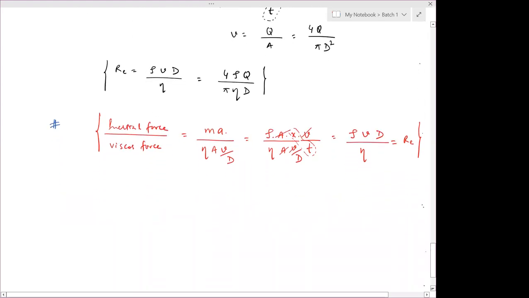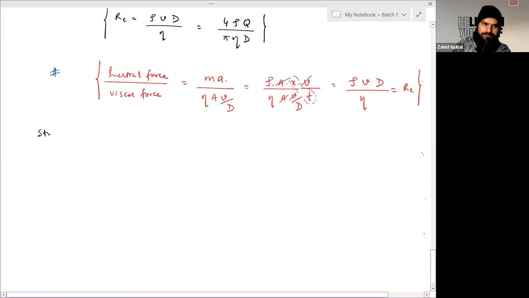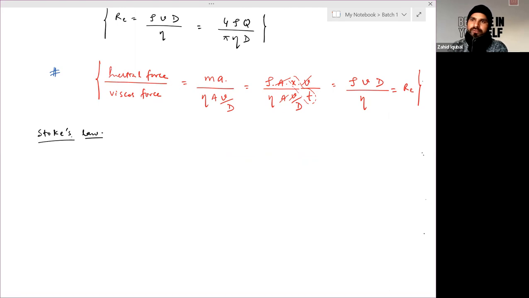Next is Stokes law. In the above part, Newton's law of viscosity, we defined the amount of viscous force between layers of liquid. But Stokes law defines the amount of opposing force experienced by any solid object when it is projected in viscous medium.